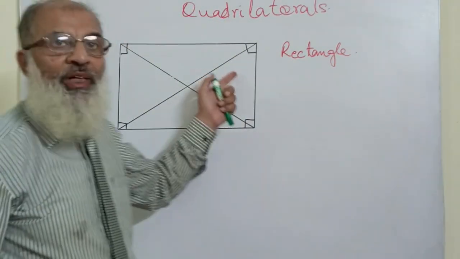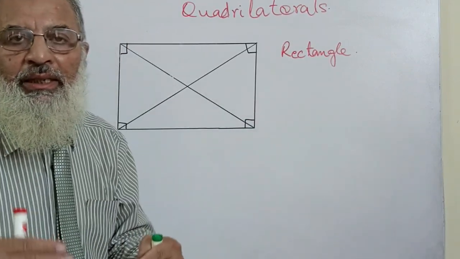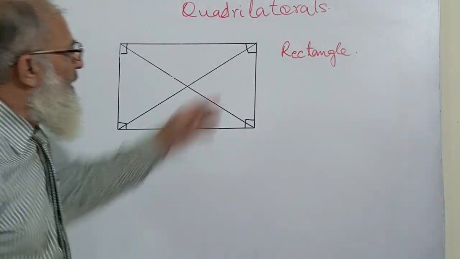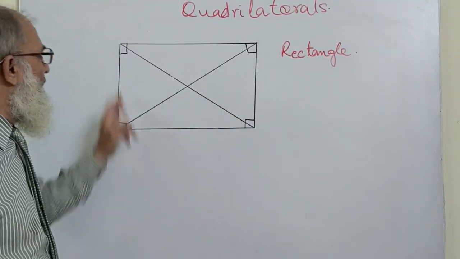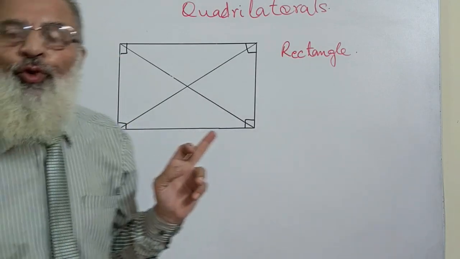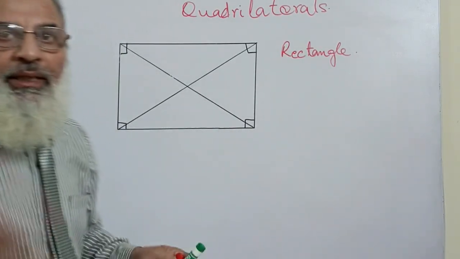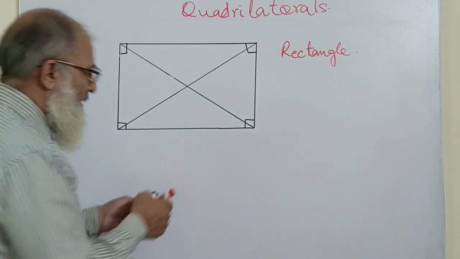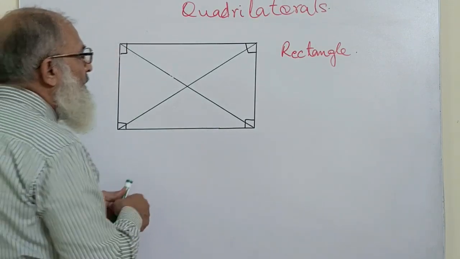Now it has one additional property other than the parallelogram: all four angles are right angles. The rest of the properties are the same. What were the properties?